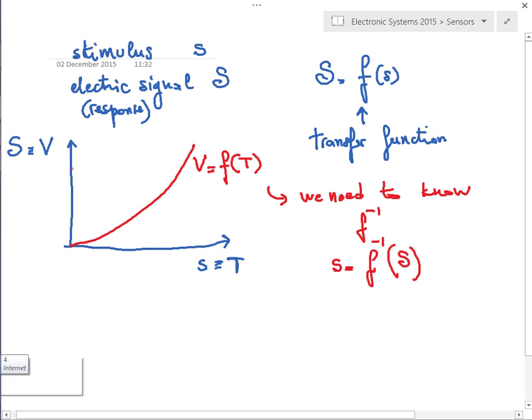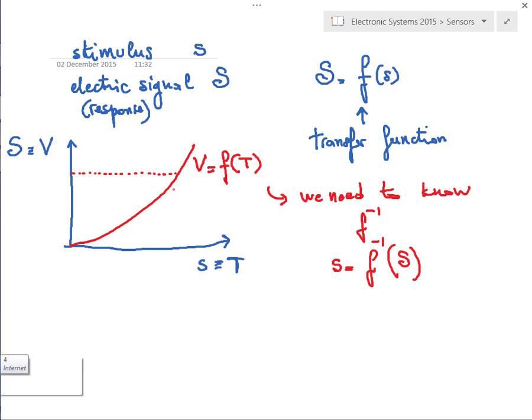So, for example, in this case, if we know the inverse transfer function, we obtain the voltage on the sensor, and if you consider the previous data acquisition system, this voltage has been transformed in a digital number, which has then been acquired by the microprocessor.